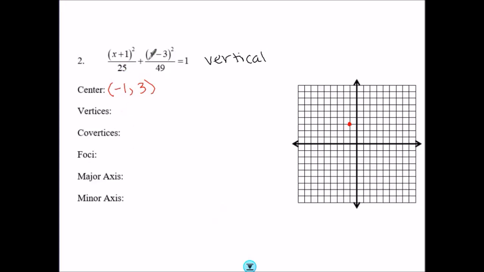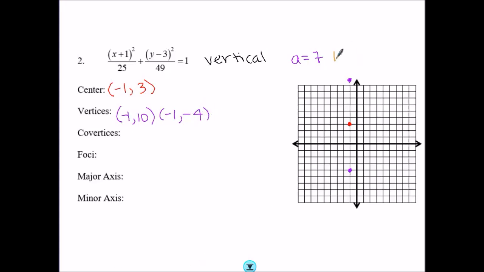So we look for the larger denominator, which is 49, and take the square root of that to get a. So a is 7. And since it is the denominator of the y fraction, we're going to go 7 units in the y direction to find our vertices. So those points are (-1, 10) and (-1, -4).